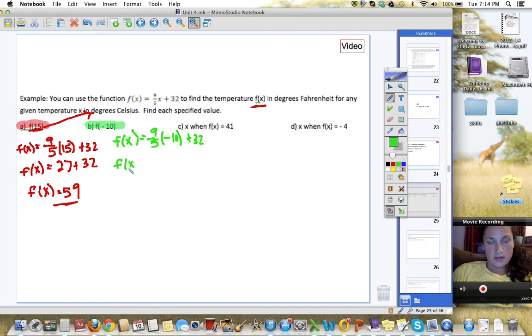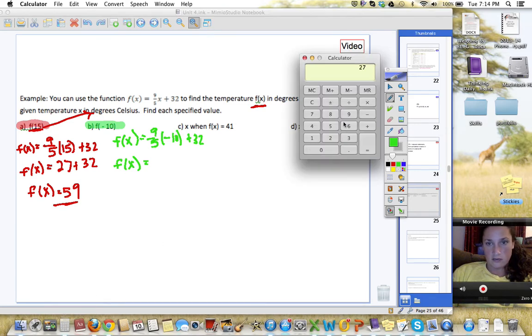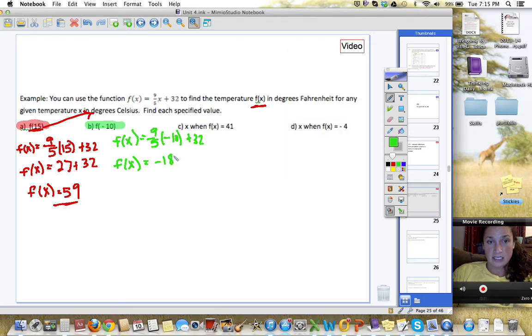So f of x equals, again, if you don't feel like doing this in your head, I don't care if you use a calculator: 9 times 10, which is 90. We divide that by 5. We get 18. That's going to be a negative 18 plus 32.